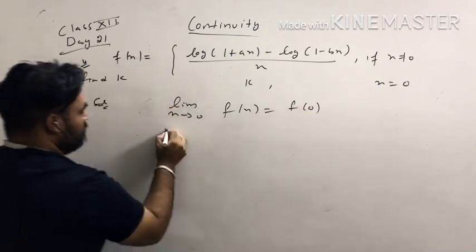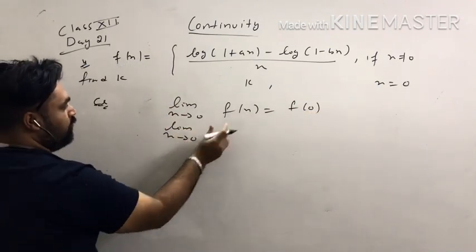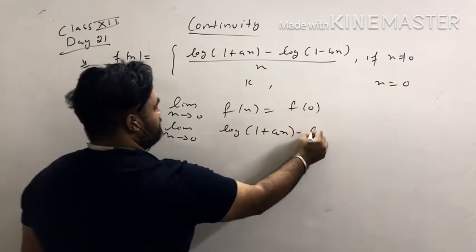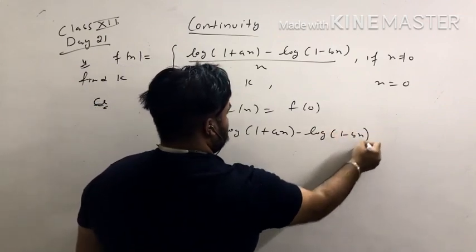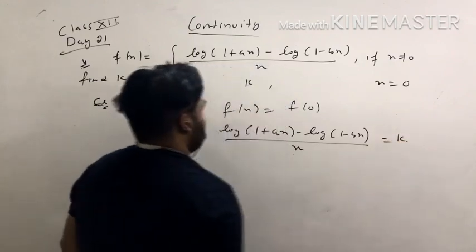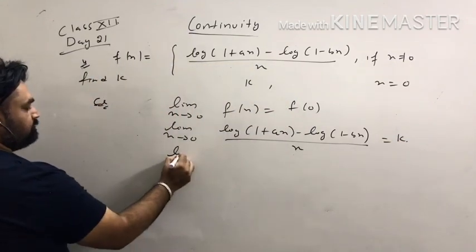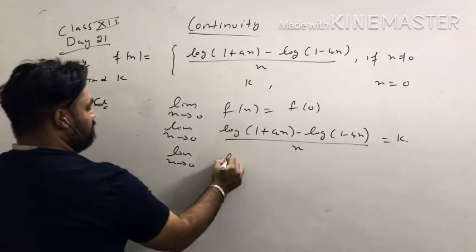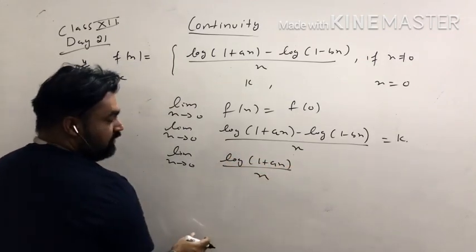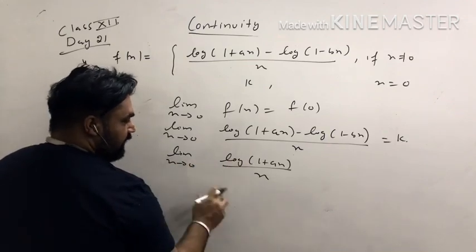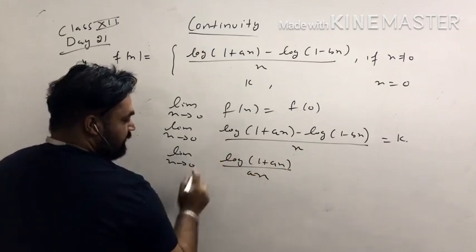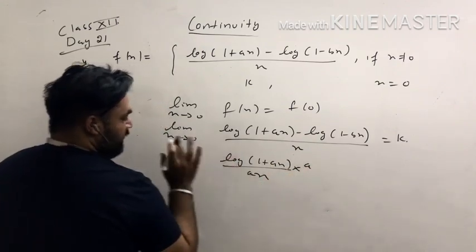So the limit as x tends to 0. Now what is f(x)? log(1 plus ax) minus log(1 minus bx) upon x equals k. Now the limit as x tends to 0 of log(1 plus ax) upon x. Now these are logarithmic functions. The property of log is that we need this expression in the denominator, so multiply by a and divide by a.